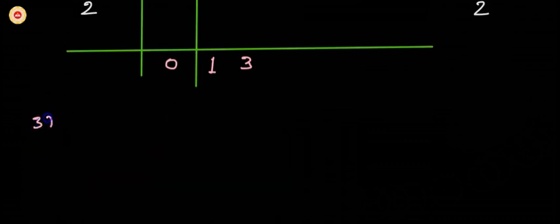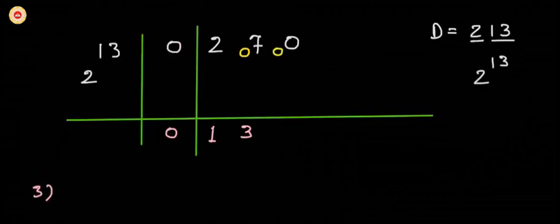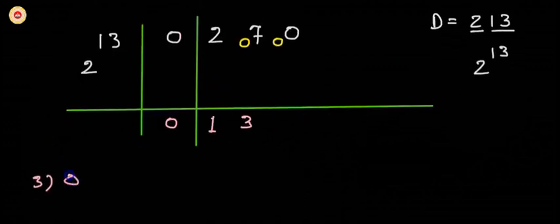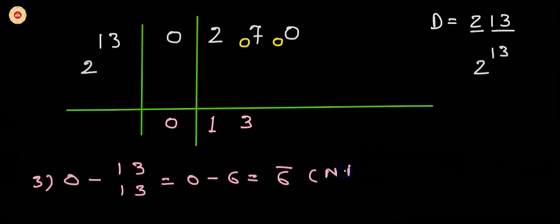Yes. Step number 3. What is gross dividend? 0. Minus what to subtract? Cross product of flag digits and last 2 quotient digits. 13, 13, which gives us 0 minus 3 1s are 3, 1 3s are 3. 3 plus 3, 6, which is equal to minus 6. Minus 6 is net dividend, but we don't want net dividend negative.